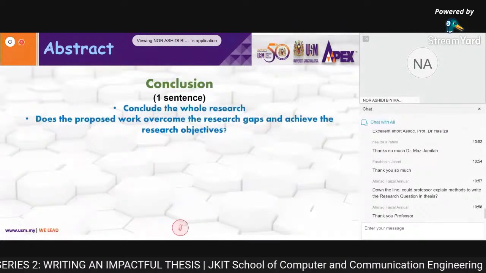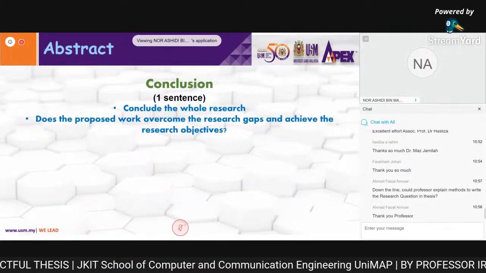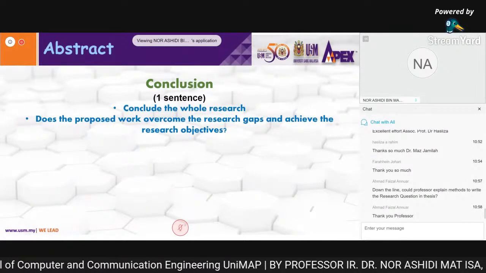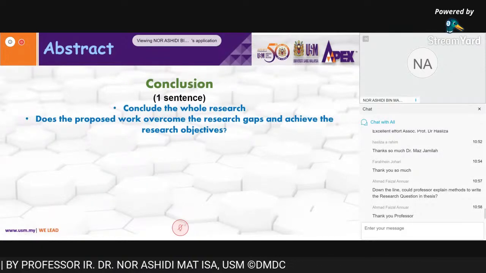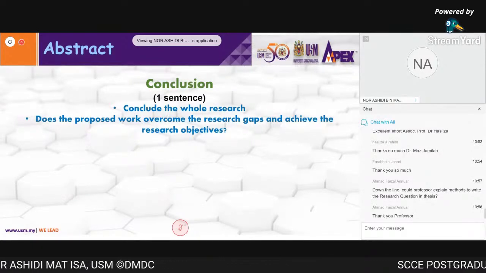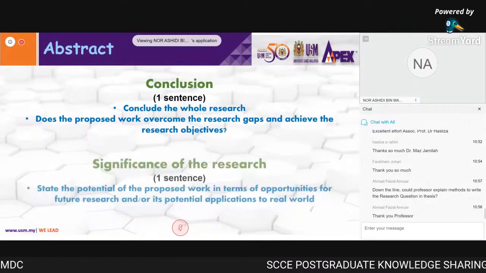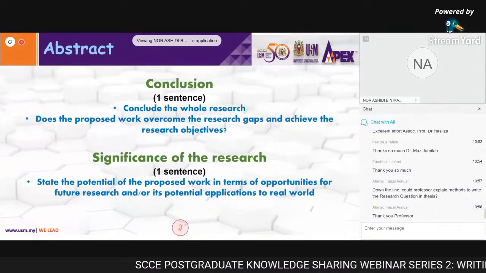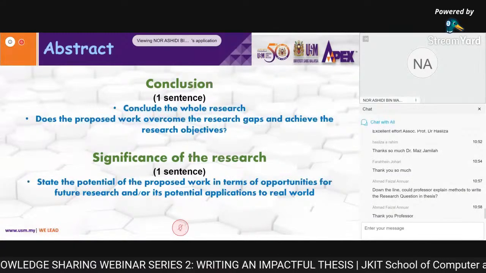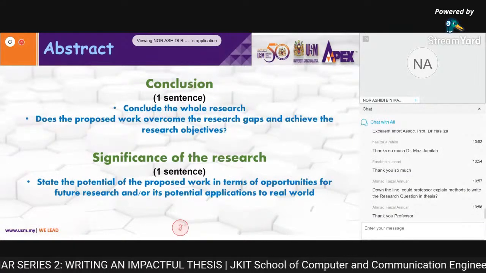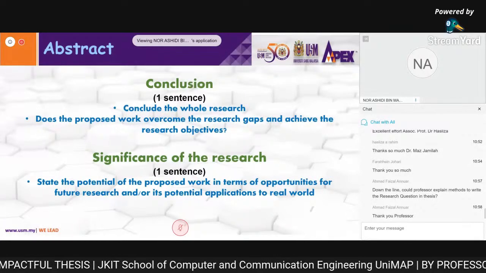Okay, now the conclusion. Conclude the whole research in only one sentence. Answer: does the proposed work overcome the research gap and achieve the research objective? This is what we want in the conclusion. Okay, it's a very simple one sentence. And then try to show the significance of your research work. State the potential of the proposed work in terms of opportunity for future research and/or its potential application to the real world.